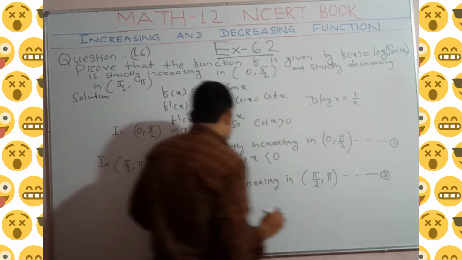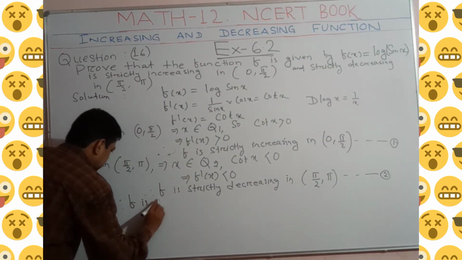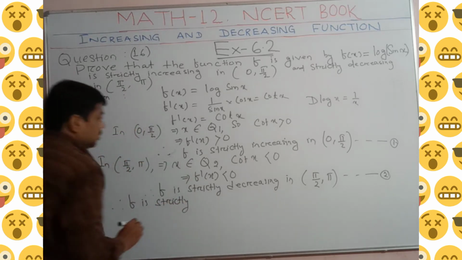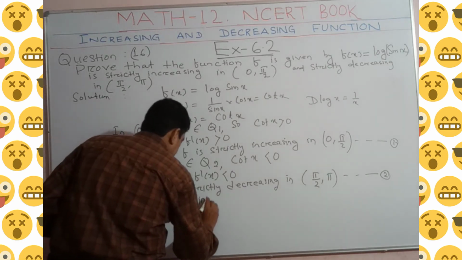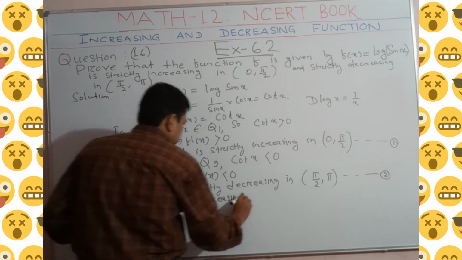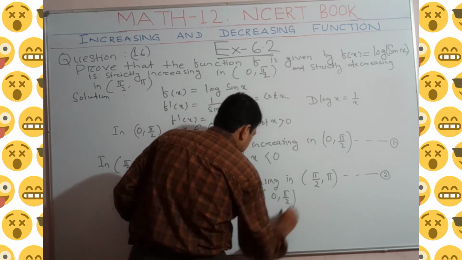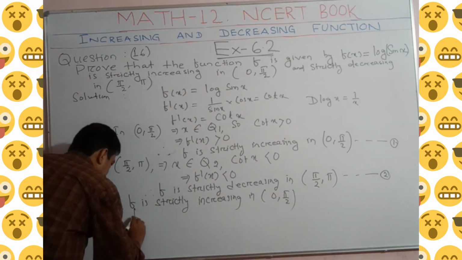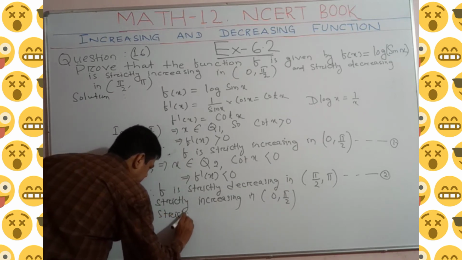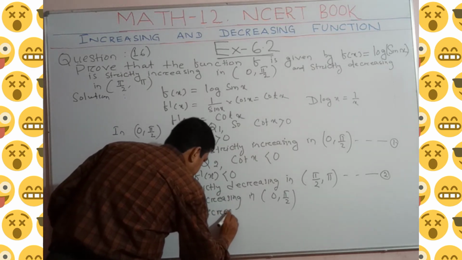Thus, we get that f is strictly increasing in the interval 0 to pi upon 2, and f is strictly decreasing, understood?